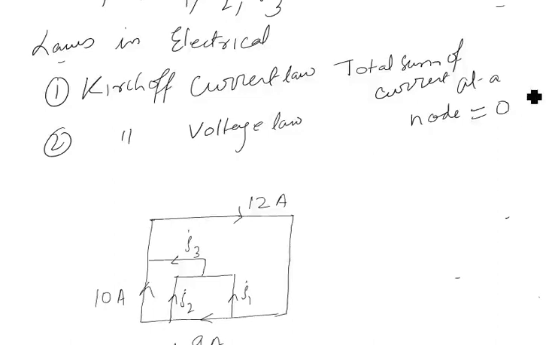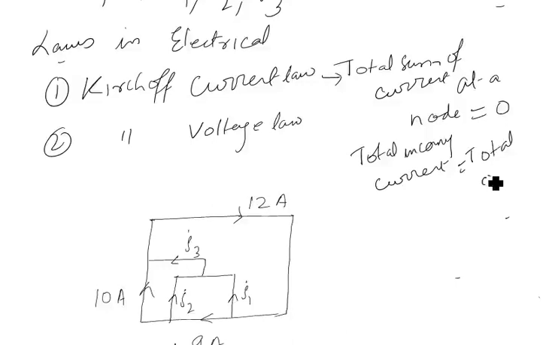In other words, total incoming current is equal to total outgoing current. So this is Kirchhoff current law.